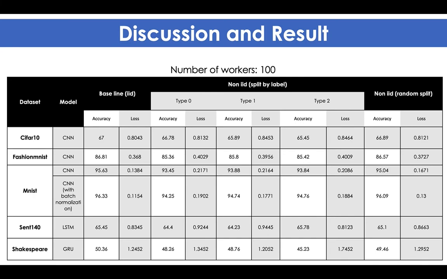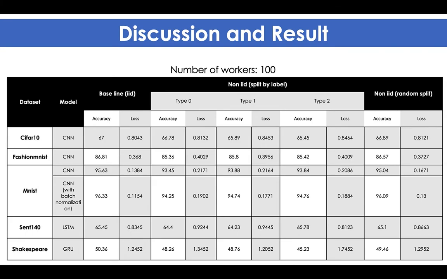Now let's see the results that we get using our framework on 100 workers. As you can see in the table, we have five different datasets using different models.